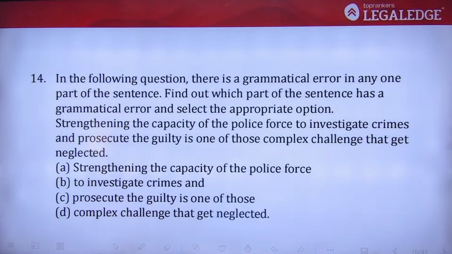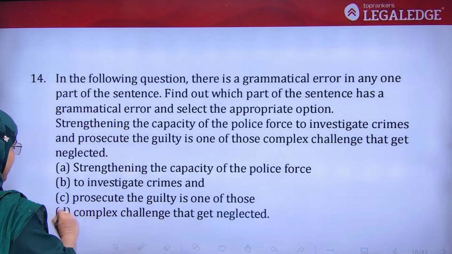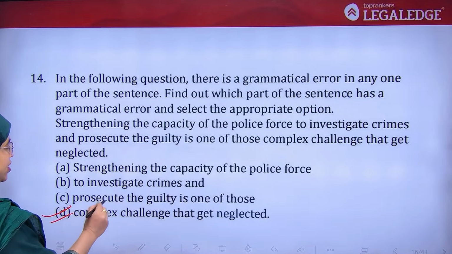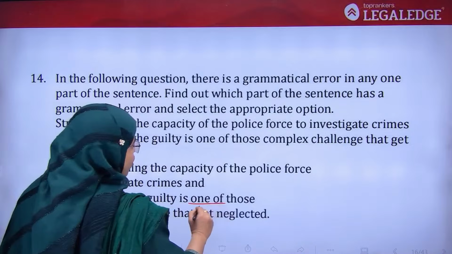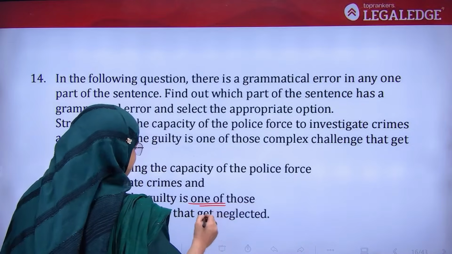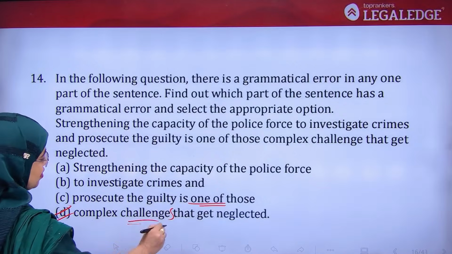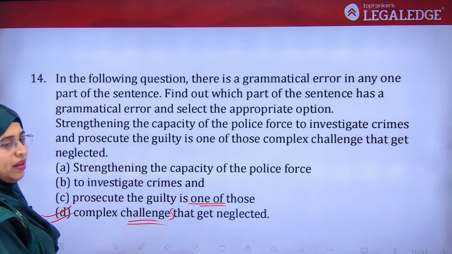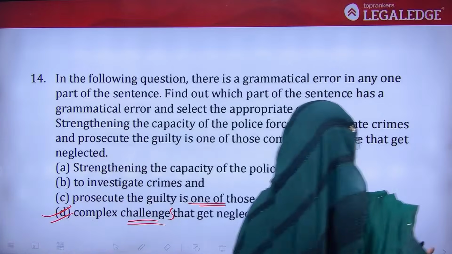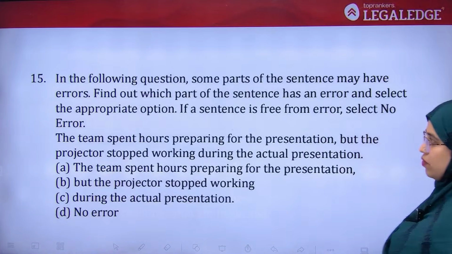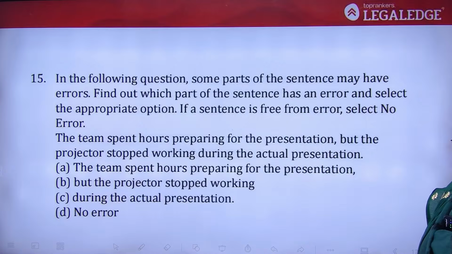Here the erroneous part is D. Why D, students? Because whenever we talk about one of, it should always be one of many. So one of those complex challenges. Challenges should have been in plural form, students. Question number 15 is on screen. Hurry up.